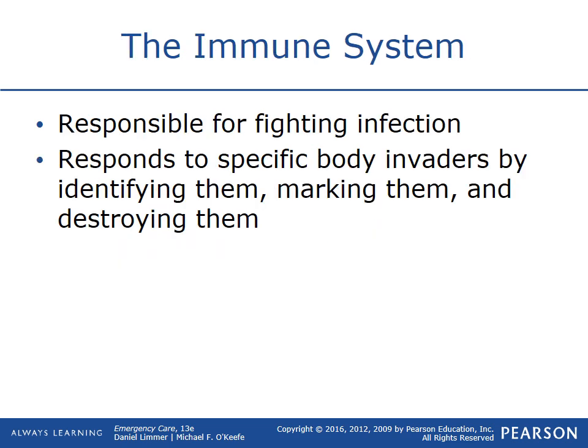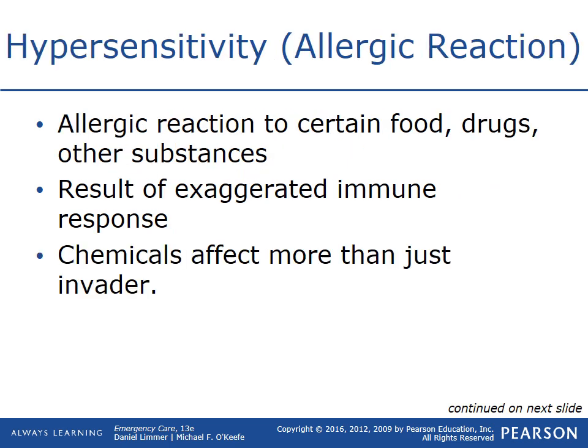The immune system is responsible for fighting infection. It responds to specific body invaders by identifying them, marking them, and then destroying them. An allergic reaction is a hypersensitive response from your immune system.